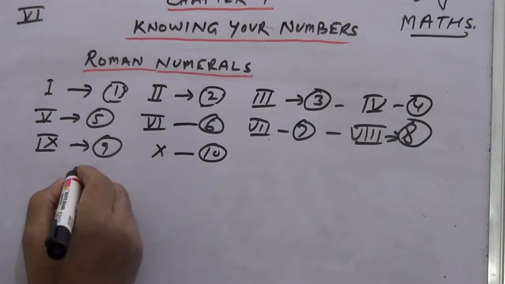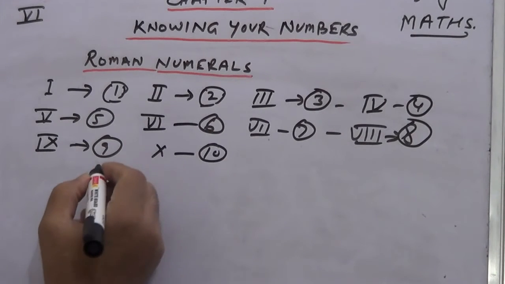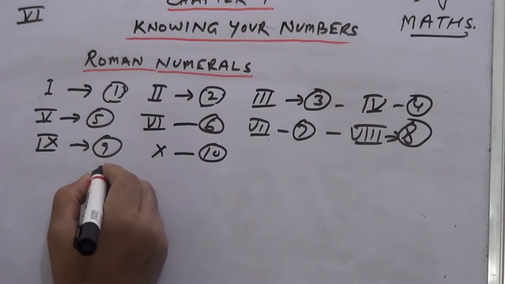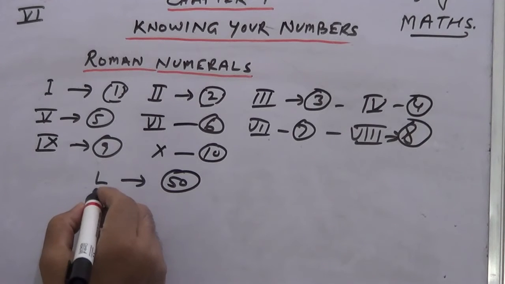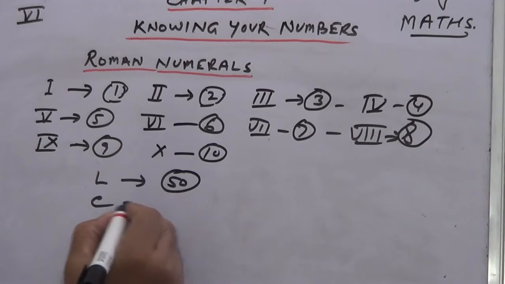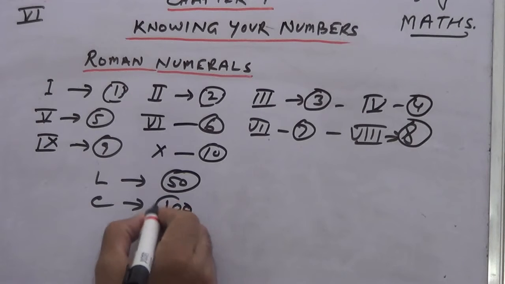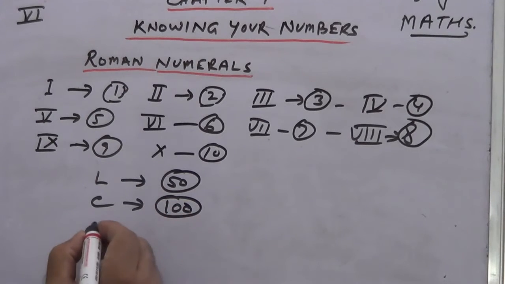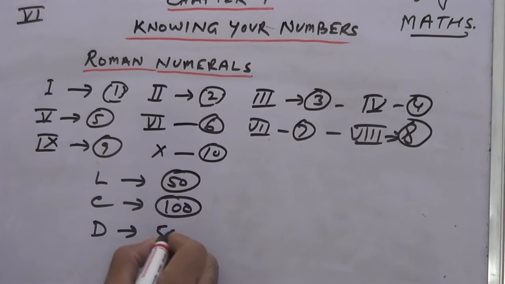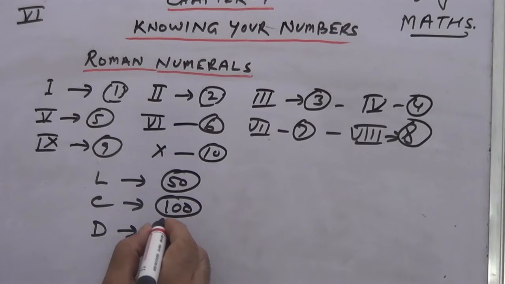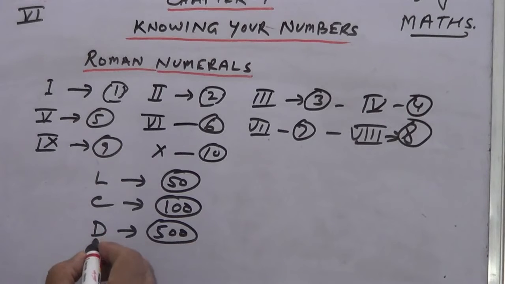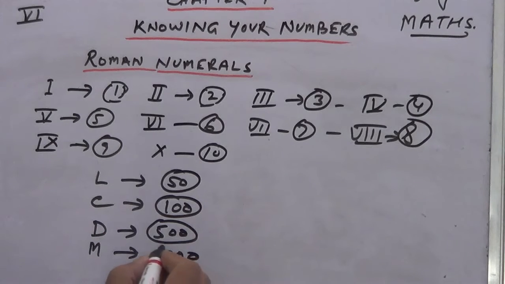Now the numbers onward after 10: L stands for 50, C stands for 100, century, and D stands for 500. D represents 500 and M represents 1000.